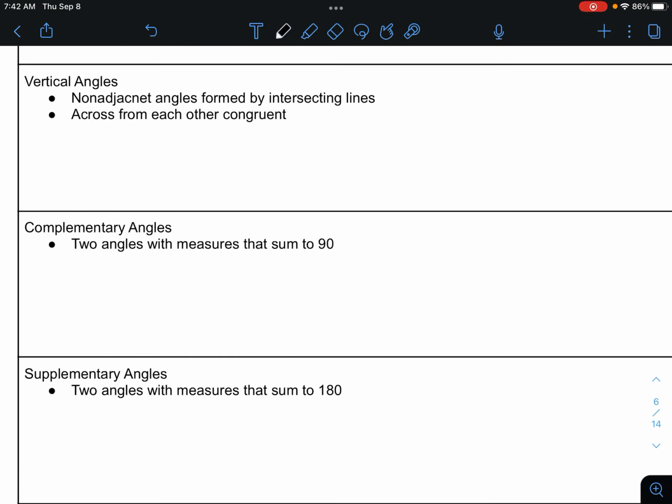Vertical angles: these are non-adjacent angles that are formed by intersecting lines. So if I get two lines going that intersect each other, here's one line, and then we can draw another line just like this that intersects. At our intersection point, we get 1, 2, 3, 4 angles here. The vertical angles are the angles that are directly across from each other. So that would mean that angle 4 and angle 2 are vertical angles.